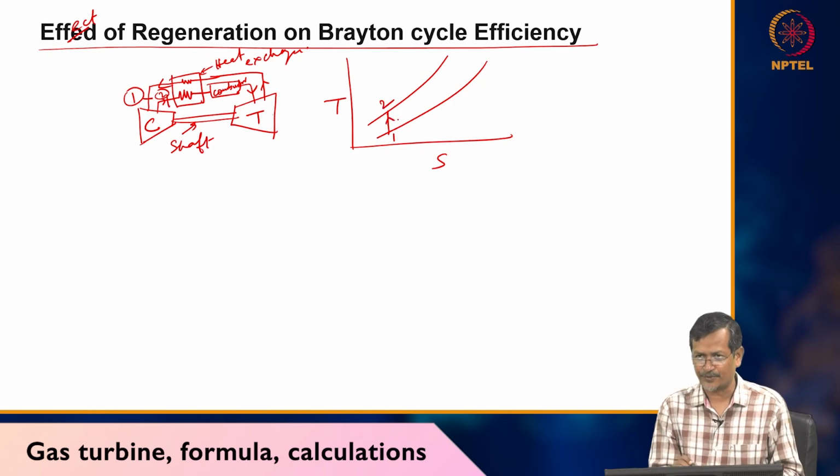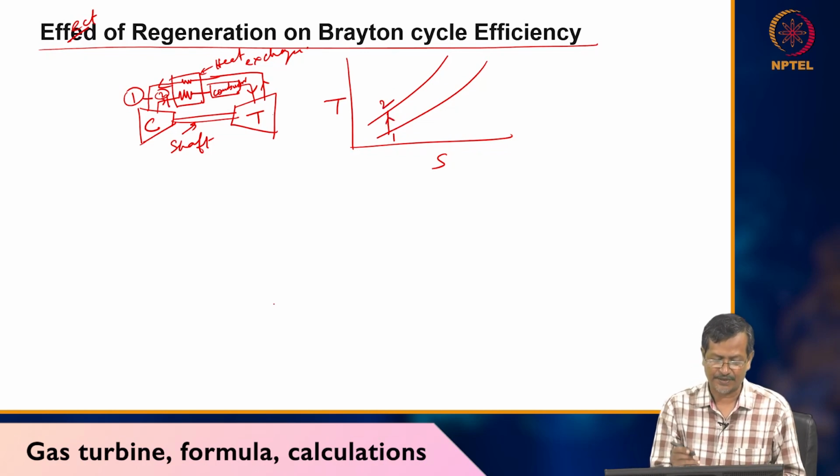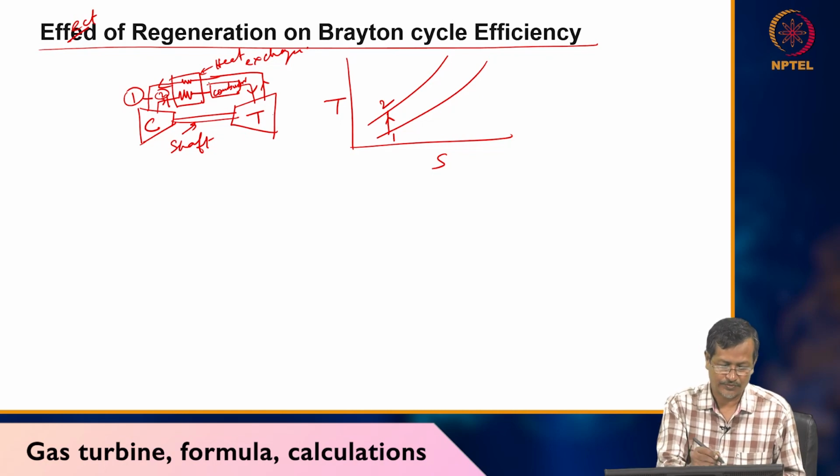Okay, isentropic compression we are assuming. Then 2 to 3, 4, 3 is here, 3 to 4 is here, 4 to 5 they are giving here. Okay, fine. And then 6.